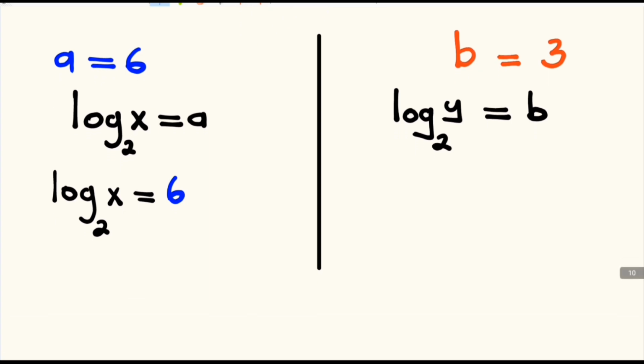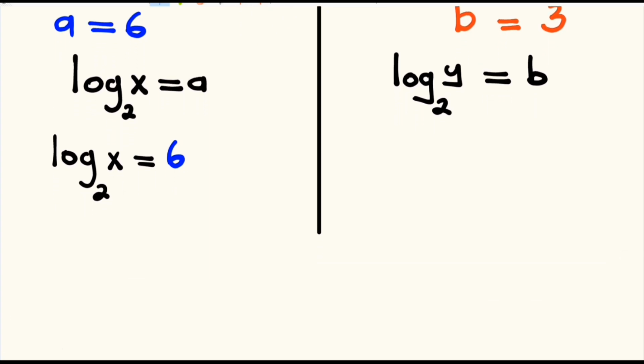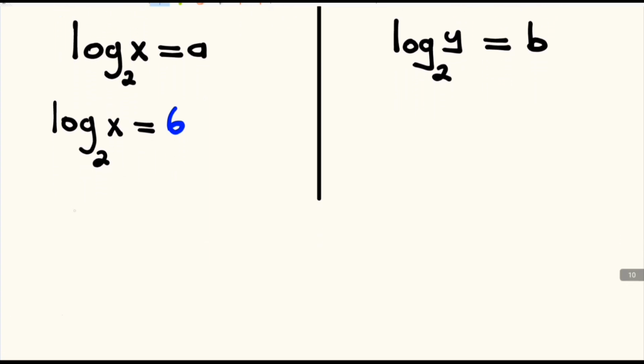From this equation, we can see that x will be equal to 2 raised to the power 6, but let's prove that. So we have the log of x divided by log 2 is equal to 6.